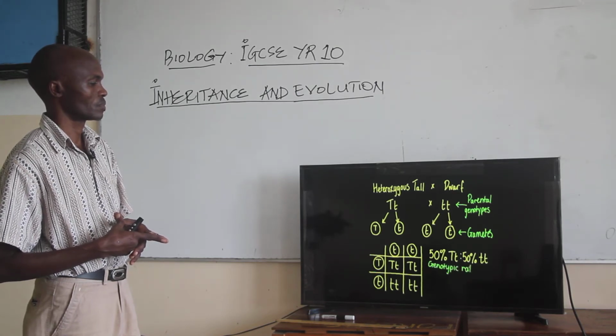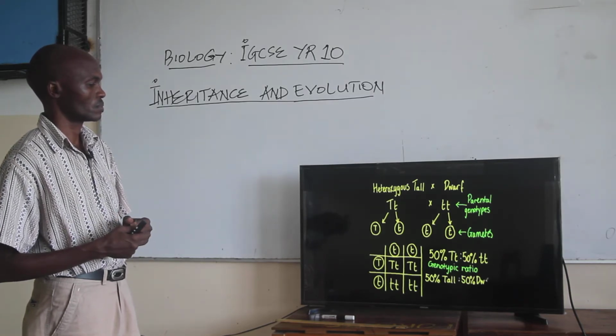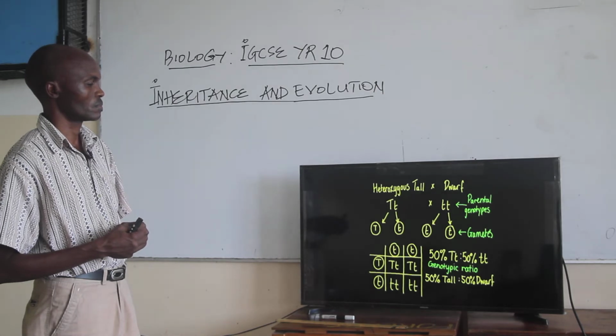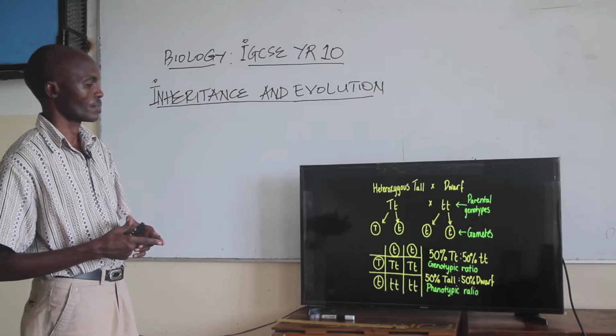The uppercase T, lowercase t is heterozygous, lowercase t, lowercase t homozygous. For the phenotypic ratio, you have 50% tall plants that came from the uppercase T, lowercase t, and 50% dwarf plants that came from the lowercase t, lowercase t.